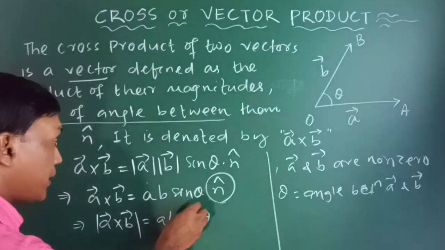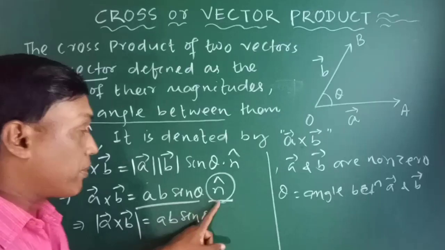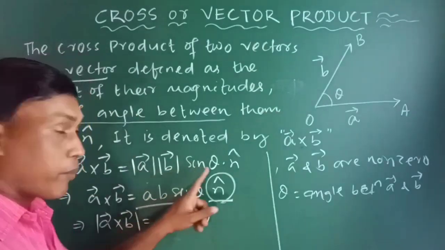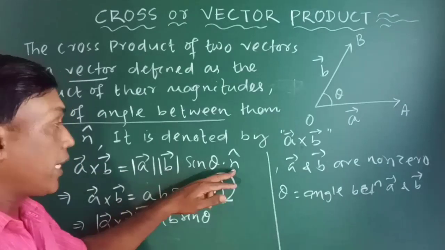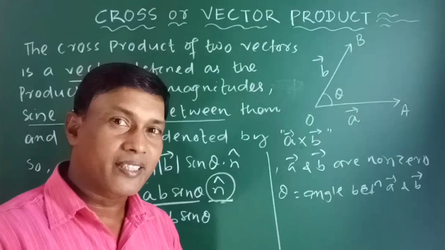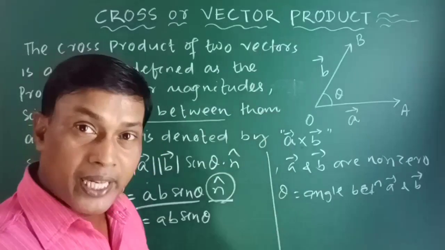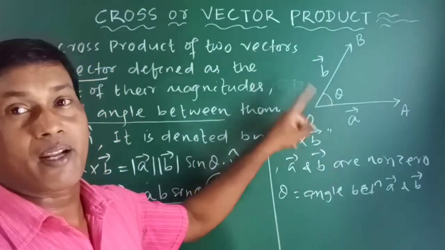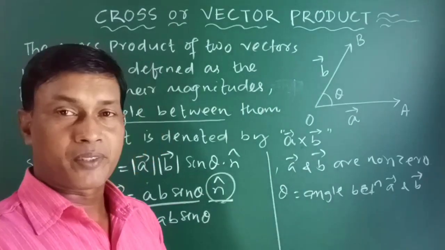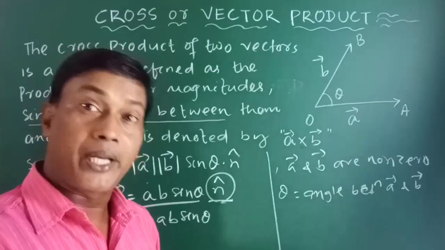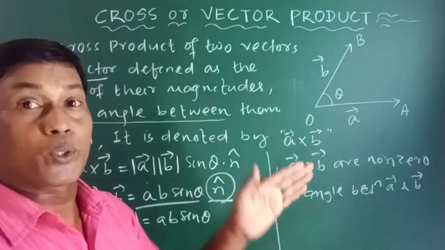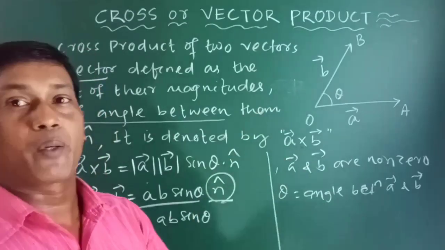So this is magnitude, this is direction, that means this must be a unit vector. So dear students, in the cross product, the n cap is a unit vector, but its direction is always perpendicular to the plane containing A vector and B vector. The plane in which both A vector and B vector lie, n cap is perpendicular to that plane.